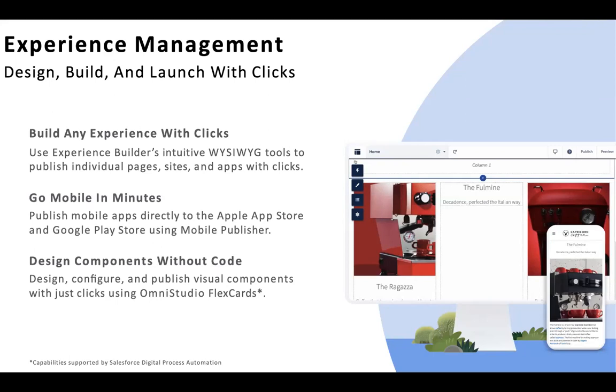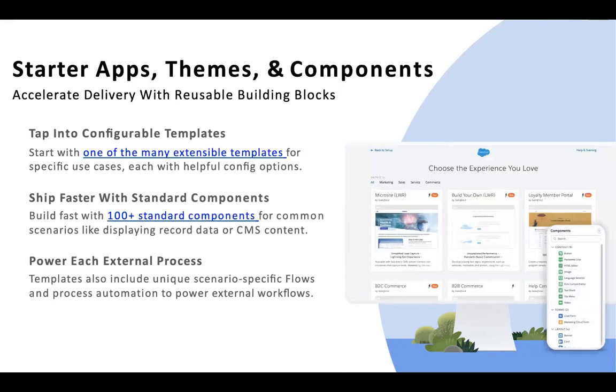Apart from your simple click tool, they do have different templates altogether, right? We do have Community Cloud, which you can reuse with different building blocks, right? So when you first start with creating a site, it will give you configurable templates for the different industries and different services that you are going to build, right? So if I want to build for partner management, I have a partner ecosystem template.